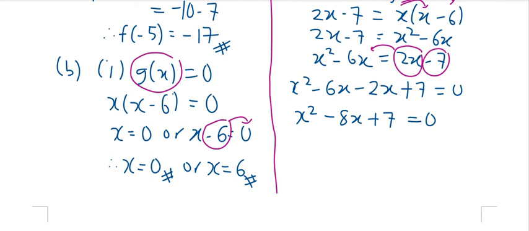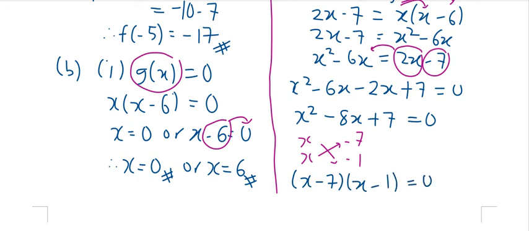So here, x squared will have factors of x and x, and 7 will be 7 times 1 because it's a prime number, and negative negative. So when you cross multiply, negative 7x minus 1x will be negative 8x. So you have your factorized form already. You will solve this by factorization, right? So you will have (x minus 7)(x minus 1) equals 0. Therefore, your solution will be x equals 7 or x equals 1.